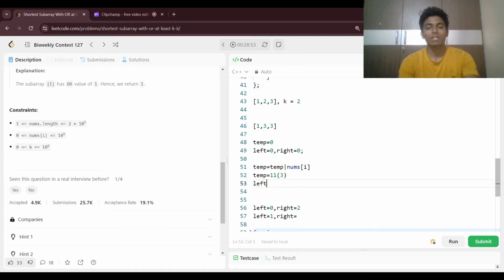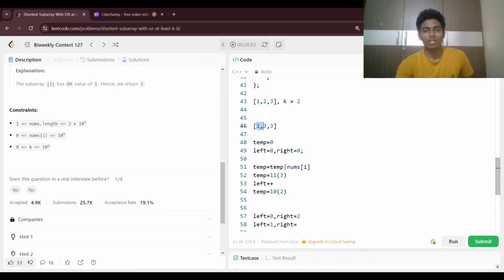Then whenever I increase left plus plus and change temp by removing the last bit, which is 1, it becomes 1 0, which is 2. But when I remove 1 from 3, there should still be 3, which means it is going to consider this particular 1th bit as well.